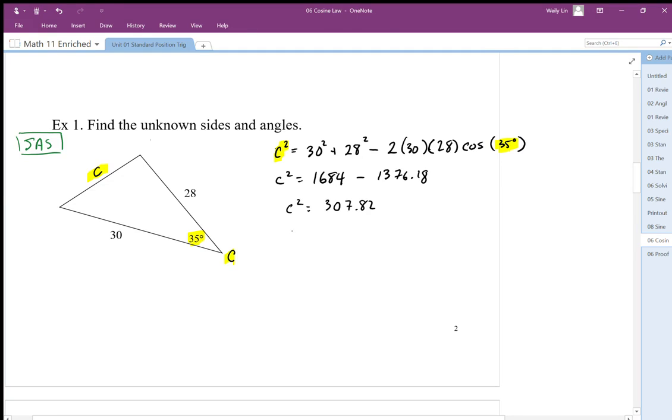Then to solve for side C, I square root that. The square root of 307.82 gives me 17.54. Based on rounding there could be some inaccuracy, but that's close enough.